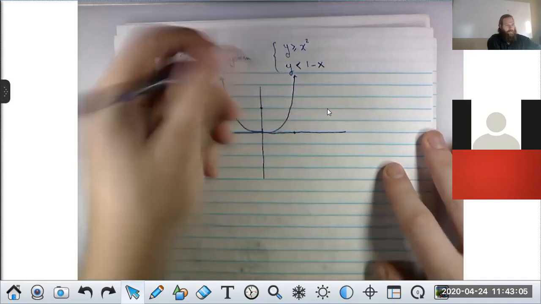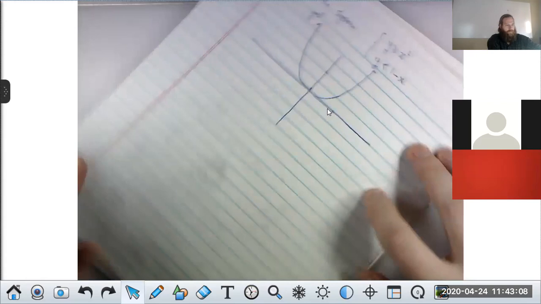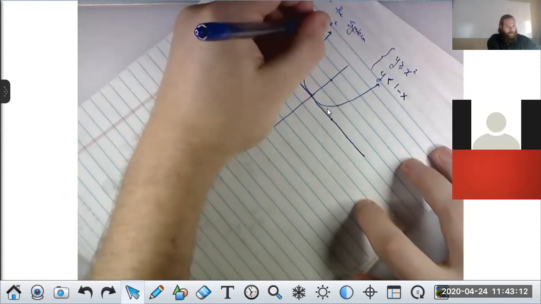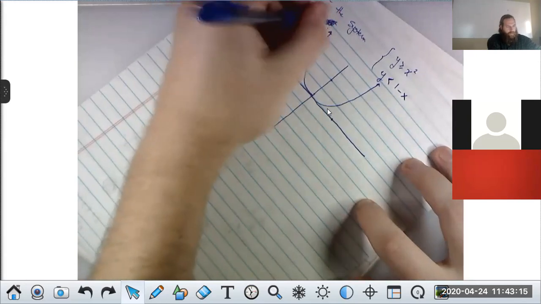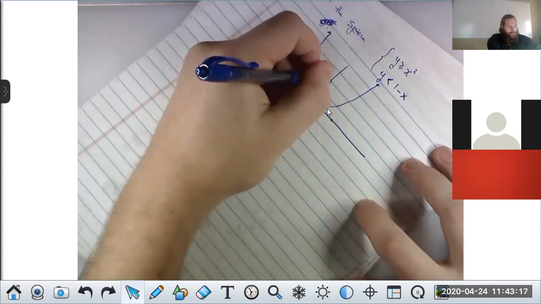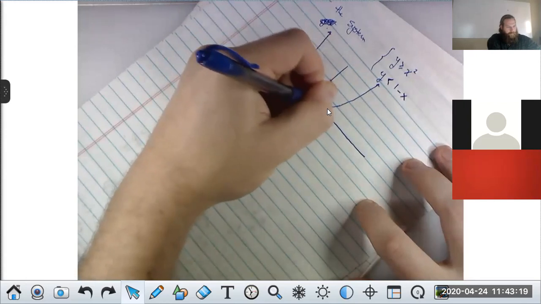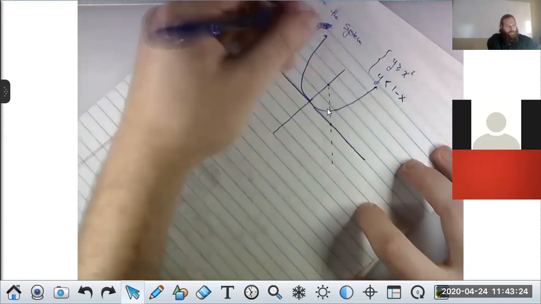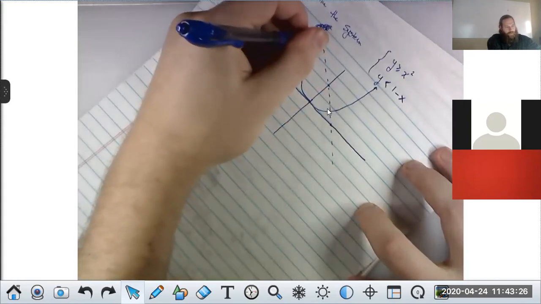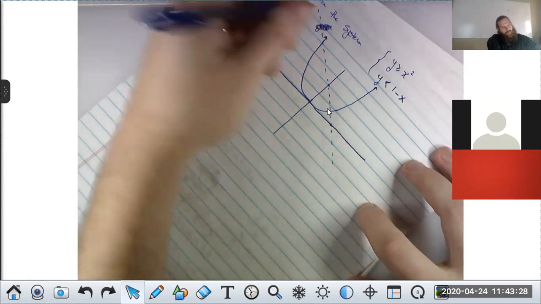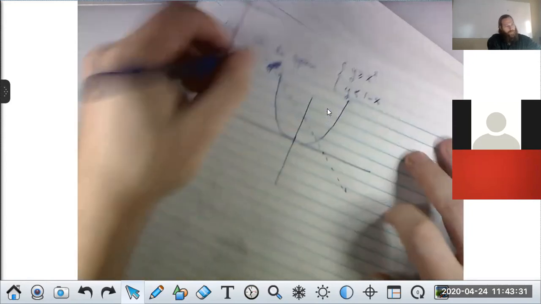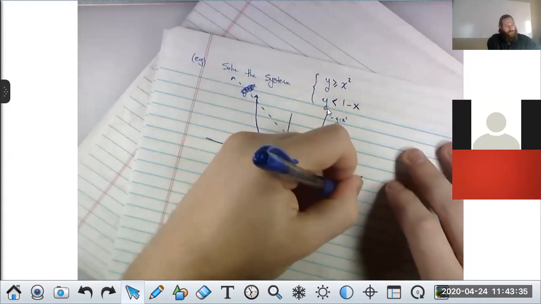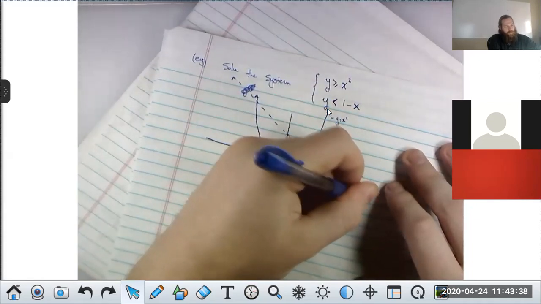So it looks something like this. And I'm going to draw it in as a dotted line, because this is a strictly less than inequality, not a less than or equal to inequality. So this one is y equals x squared. This one is y equals 1 minus x.